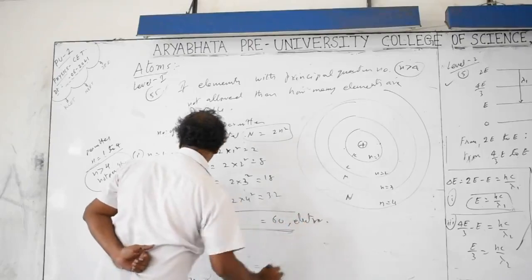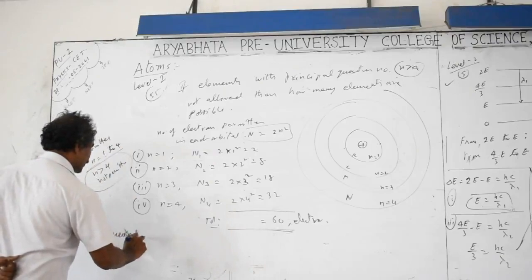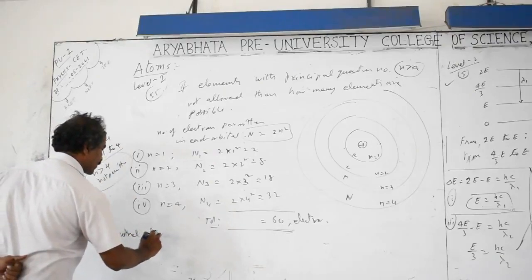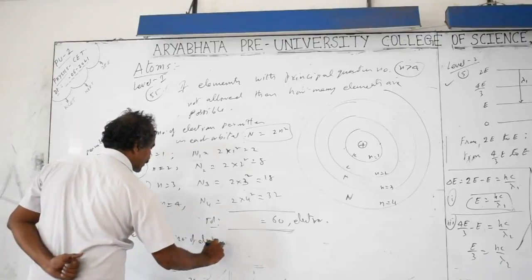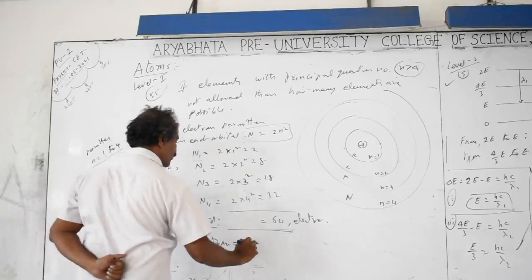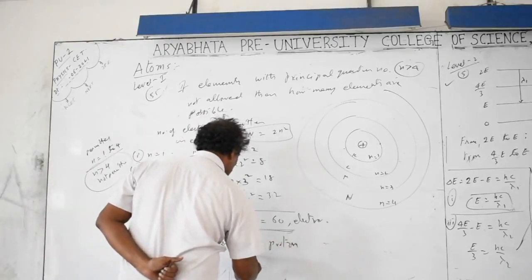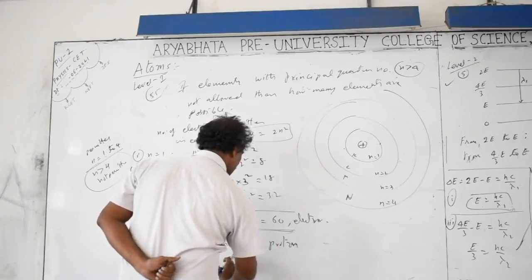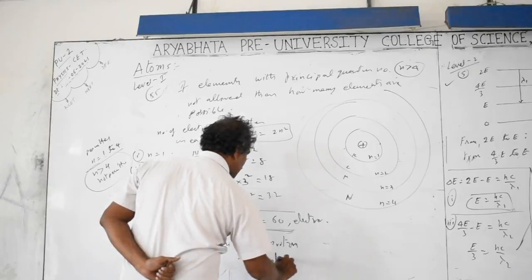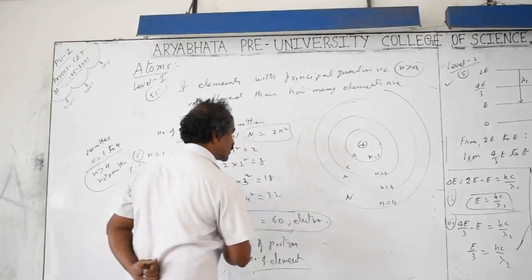And for a neutral atom, the number of electrons equals the number of protons, which equals the number of elements possible. So the number of elements possible in the periodic table would have been only up to 60.